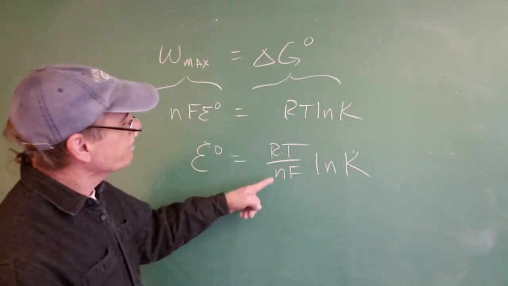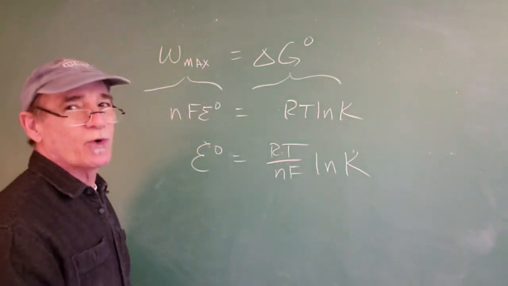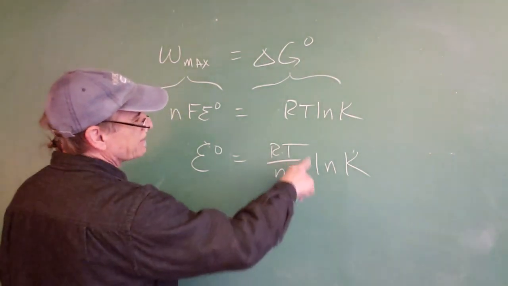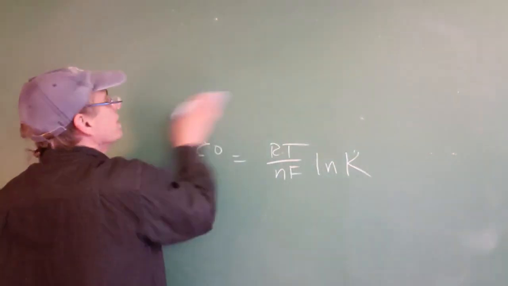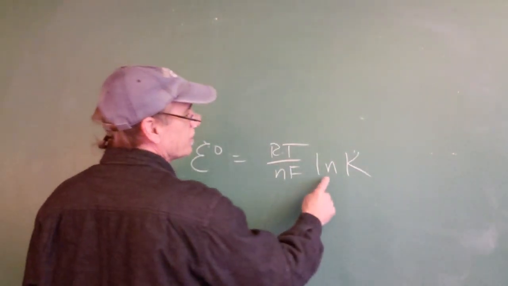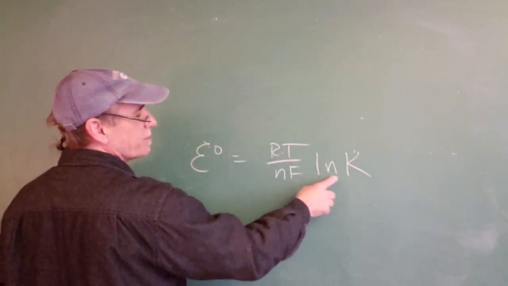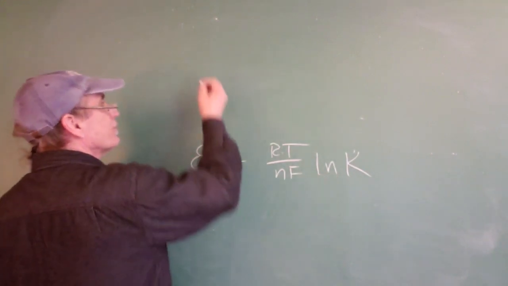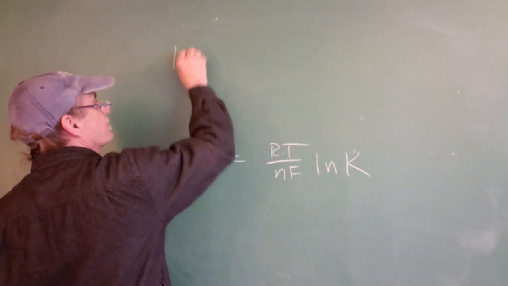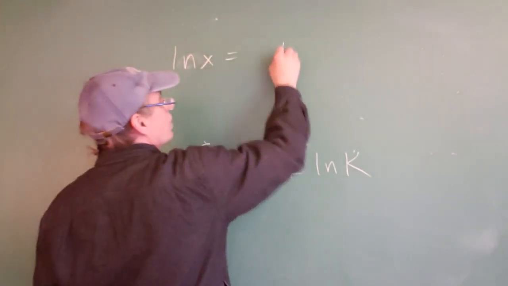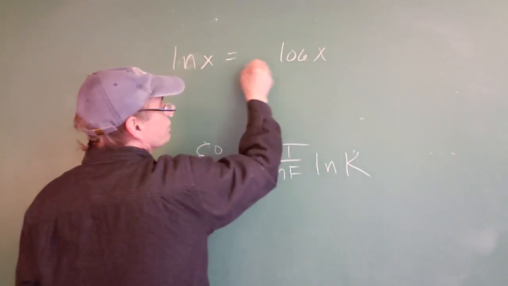Now, before I finish this equation, we can actually pretty it up quite a bit more. There's a lot of constants out here that we can lump together. But before I do, it turns out that the book doesn't like to use the natural log here. They like to use log base 10. Well, there's a relationship that the ln of x is actually equal to 2.303 times the log of x, a fudge factor that goes in here.